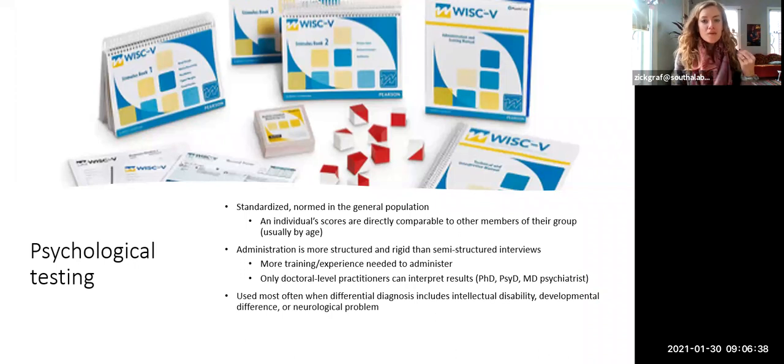Psychological testing like this, norm-referenced standardized psychological testing, is most often used when the differential diagnosis, so when one of the possible types of psychopathology that someone is presenting with, includes something that influences their neurocognitive performance, their intellectual functioning.